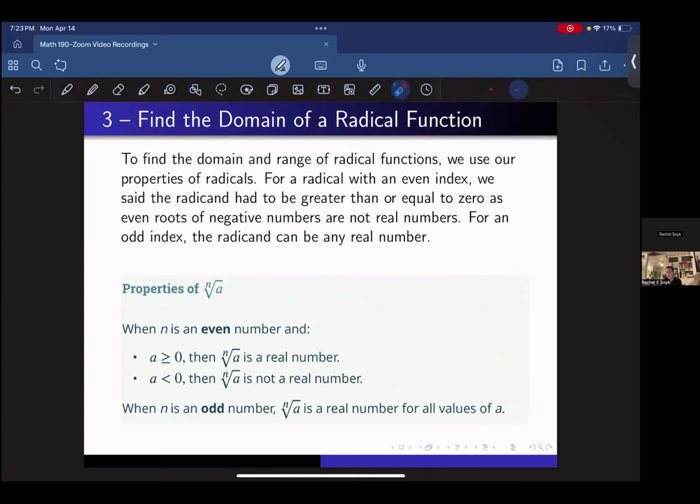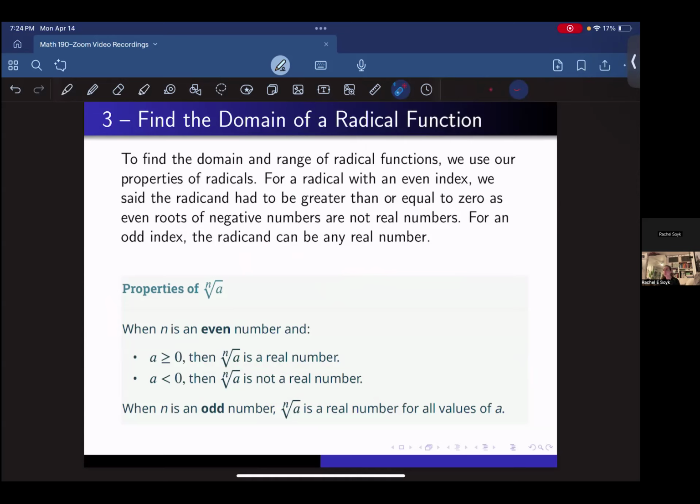If we have an odd index, then we don't have to worry about a negative being in the radicand, whereas if it's an even index, we do. Because if it's an even index, automatically we're no longer in the real number system. That root is not a real number, so we enter into the imaginary world. And so we have restrictions involved. Something to just be mindful of.